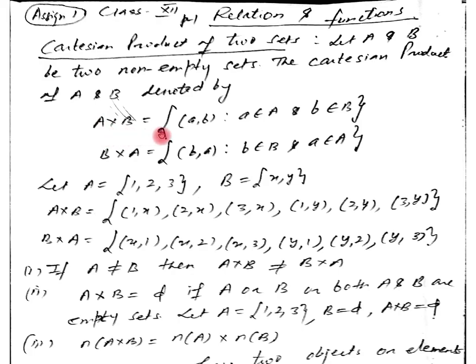Similarly, B cross A can be written as (b, a): the first element is from B and the second element from A. So this is A cross B, and this is B cross A. Let us form them.